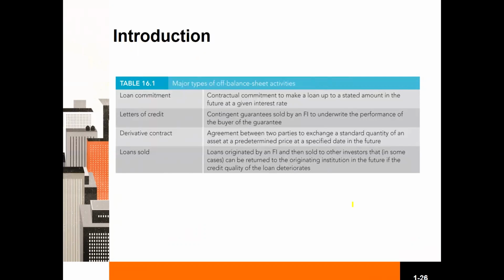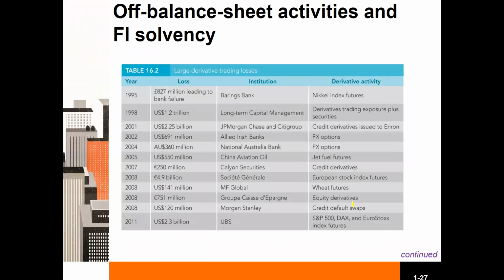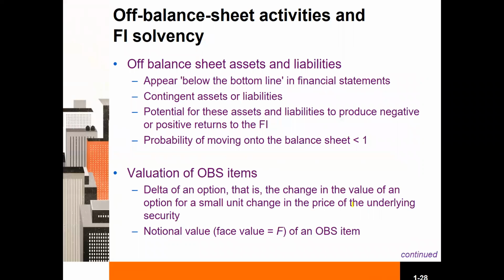That also may create an off-balance sheet activity or off-balance sheet claim for the banks. We will be discussing more detail later. These are some examples of large derivative trading losses. Obviously, a derivative is a part of off-balance sheet activity for the banks.